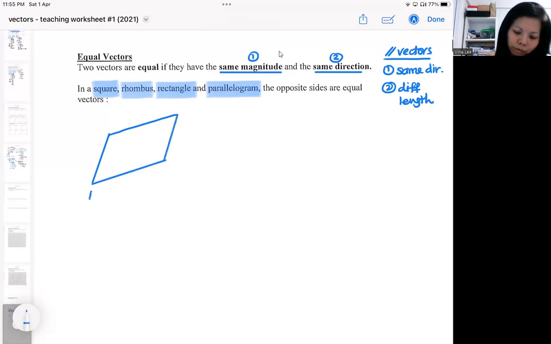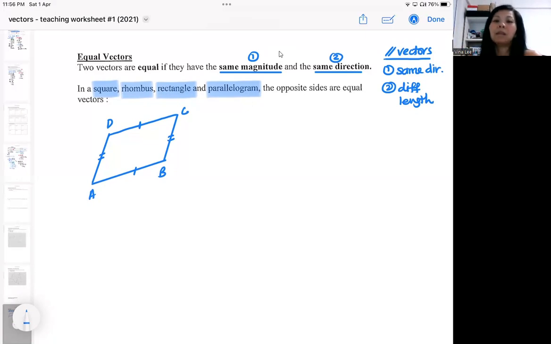Okay, I'm trying to draw properly. So I'm going to show you a parallelogram. All four shapes have the property where the opposite sides are the same length and also parallel. That's why usually in these four shapes, they will put in the idea of equal vectors.